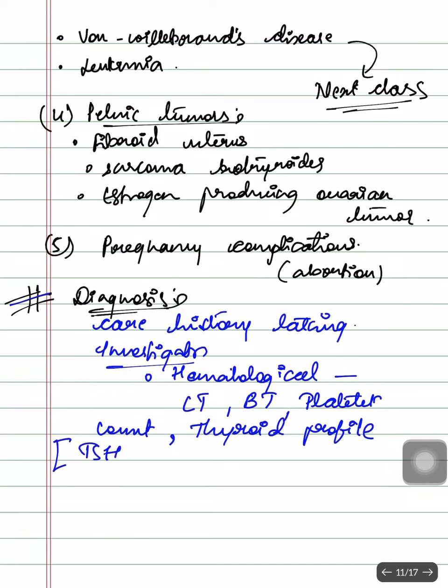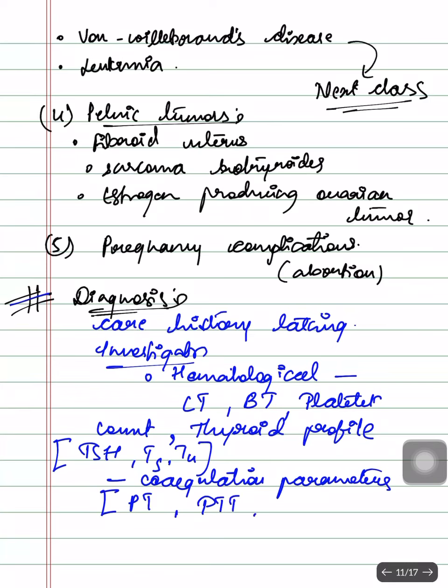Next, coagulation parameters, where you will see PT, PTT, factor 8 and von Willebrand factor. Also imaging studies of the pelvis by ultrasonography, abdominal USG, MRI, CT scan, and the hematological investigations mentioned above. Through these you will understand the condition.